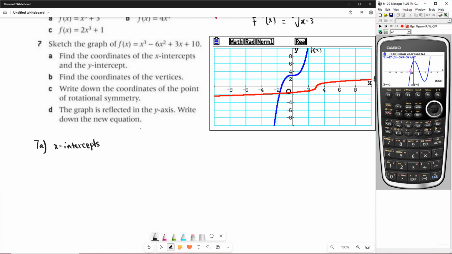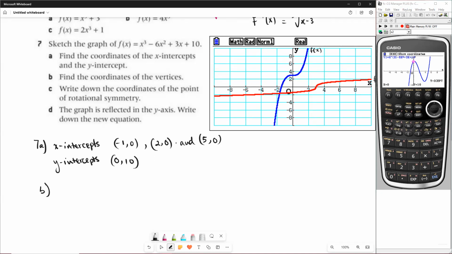Sorry about that. That's negative 1, 0. That's 2, 0. And 5, 0. Then the y-intercept is here. That's 0, 10.